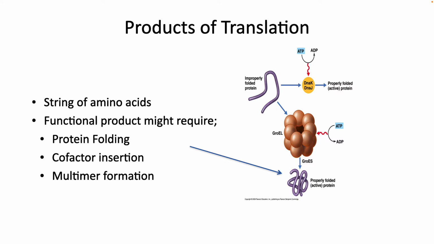These barrel-shaped proteins, and the example here is GroEL and GroES, take a protein and help it to fold into its native conformation. They can rescue improperly folded proteins, and they also speed up the process of protein folding. Even after a protein is folded, it may require a cofactor or association with other proteins to form a multimer. All of these processes occur after a protein is translated.